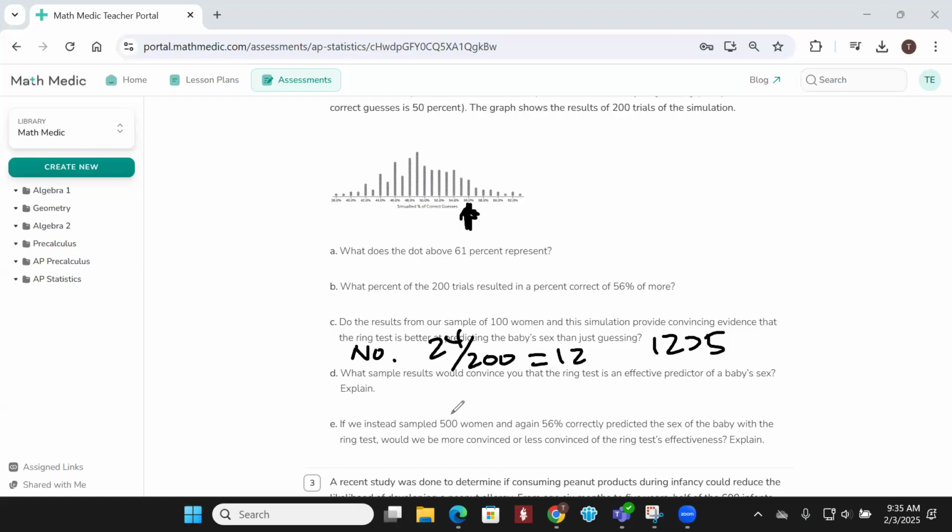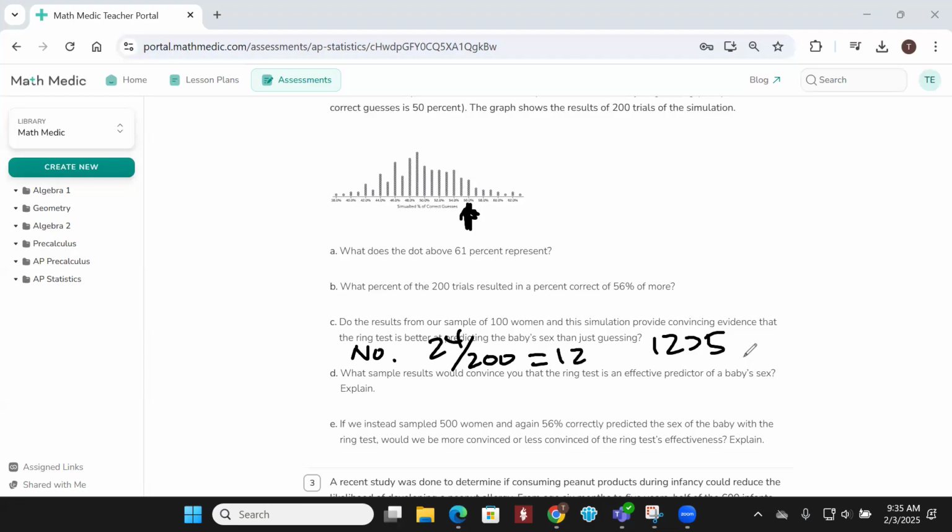So what sample results would convince you that the ring test is an effective predictor of the baby's sex? We're above 55. If it was above 55%? Why do you say that?